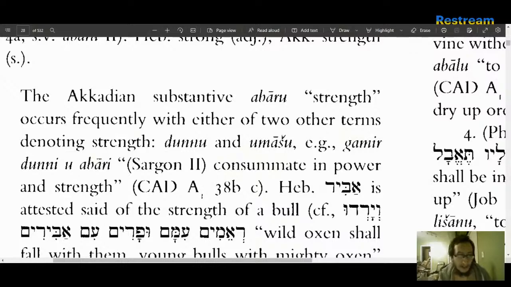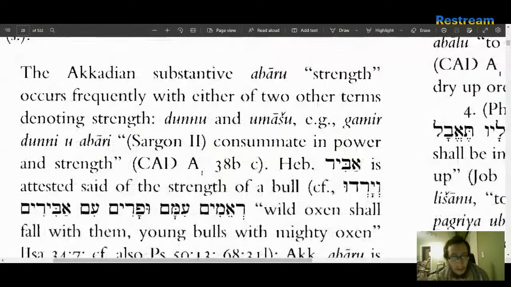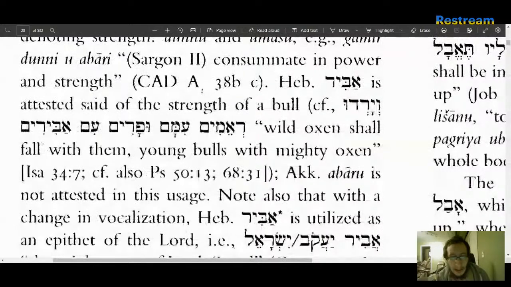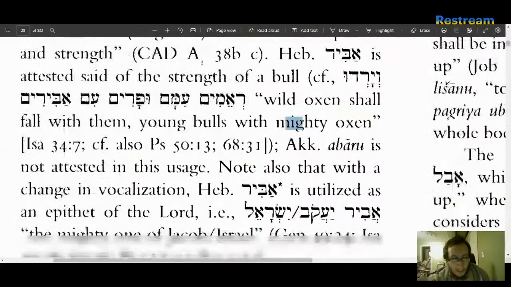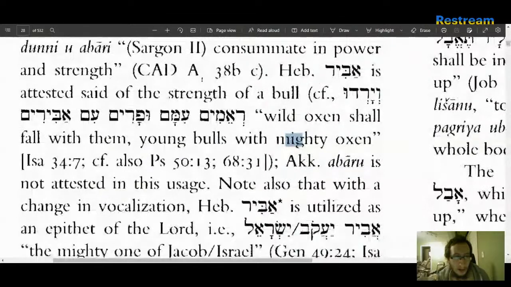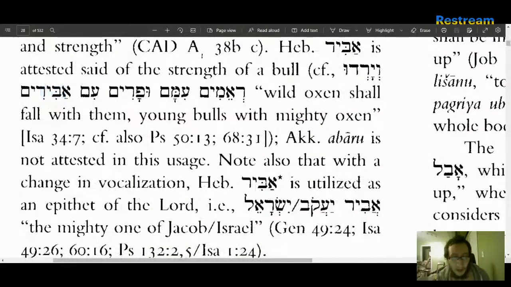So Aber is said of the strength of a bull. Akkadian is not attested in this usage. So Akkadian does not refer to oxen as mighty. It refers to strength in general, but it doesn't refer to oxen by the word abir. But again, that doesn't necessarily mean the original Hebrew didn't do that, but in Akkadian we don't see that.